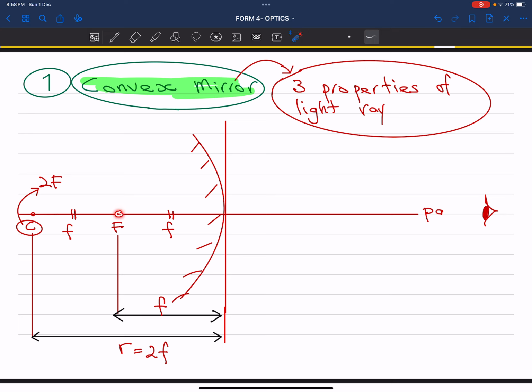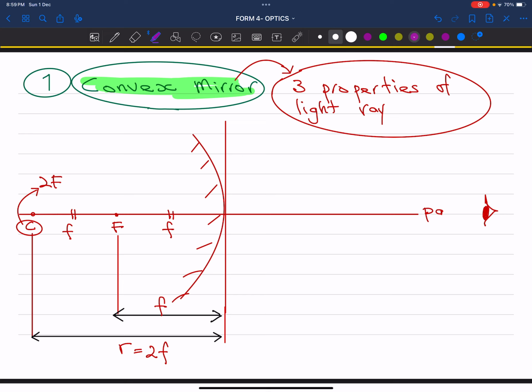So from F to the mirror is the focal length, and from F to the C is also the focal length. Because of that, the point C, the center of curvature, we can also label as 2F. Okay, this was all in the previous lesson.